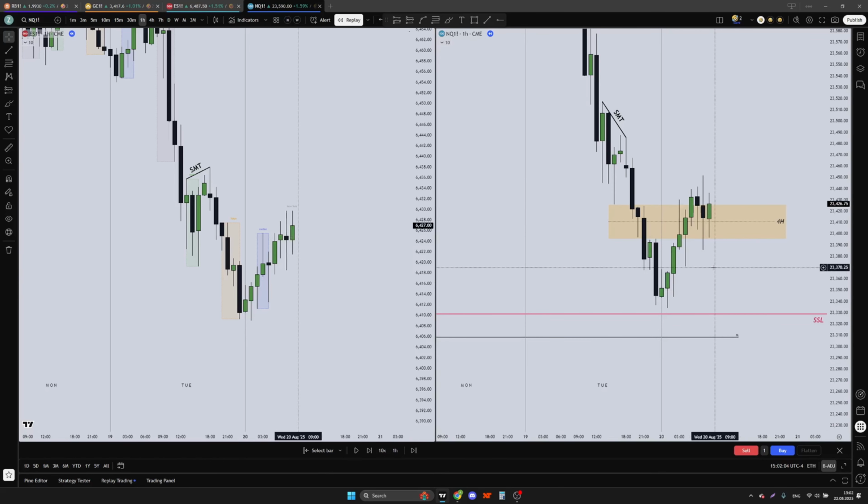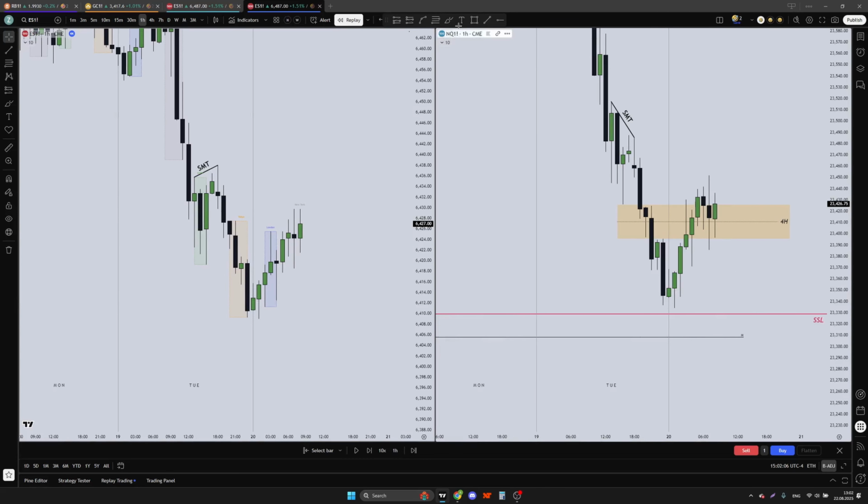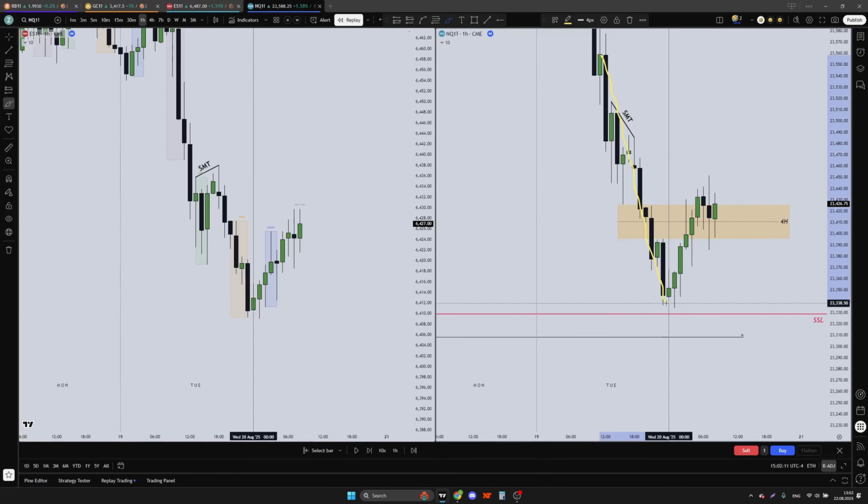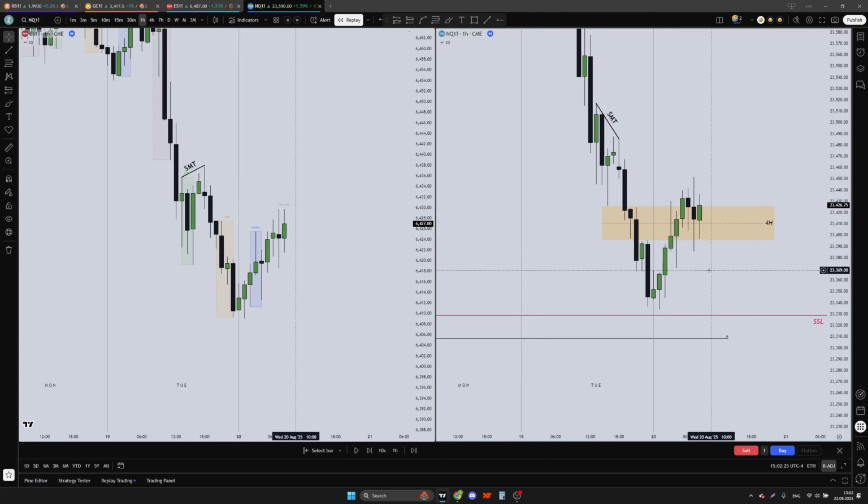I'm starting at 9 a.m. exactly. So basically I'm thinking that we are displacing lower, then we are retracing, and then I'm expecting New York to distribute lower and expand again. This is my thesis.